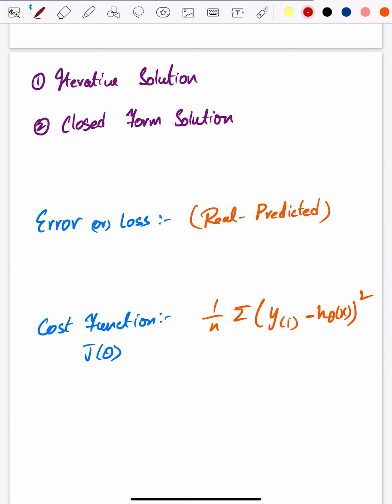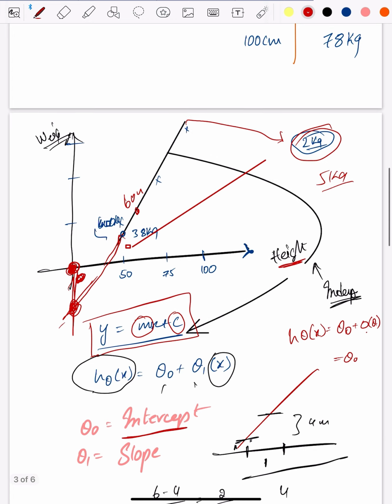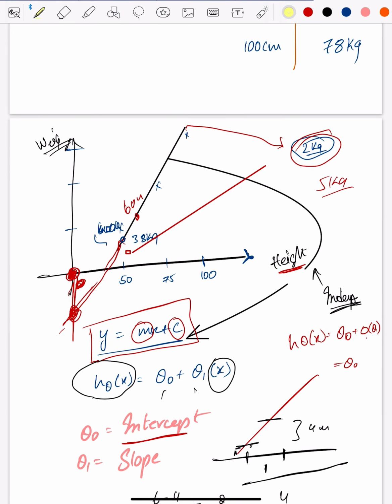And there's also a concept of cost function. I was telling about the error for this point. For instance, there will be multiple points that will be checked, in the sense for a 30 centimeter kid, for a 50 centimeter kid, a 24 centimeter kid, something like that.